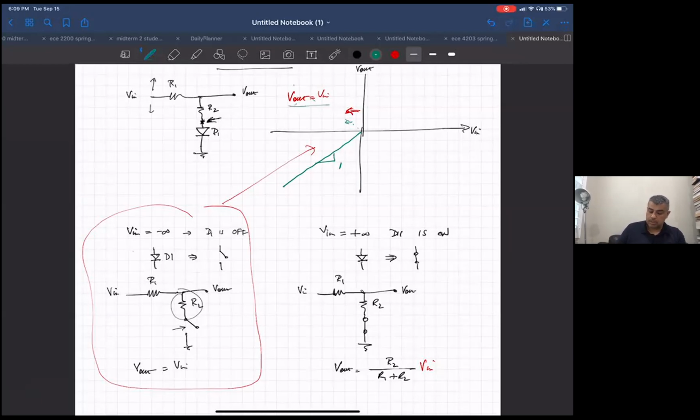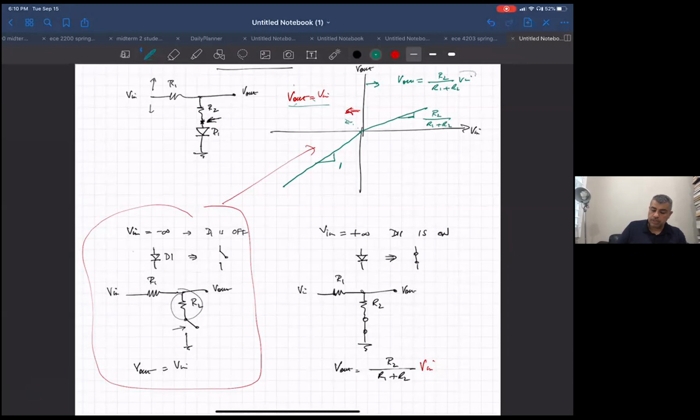Out here, V out is R2 over R1 plus R2 times Vn, which means your slope will change to R2 over R1 plus R2.